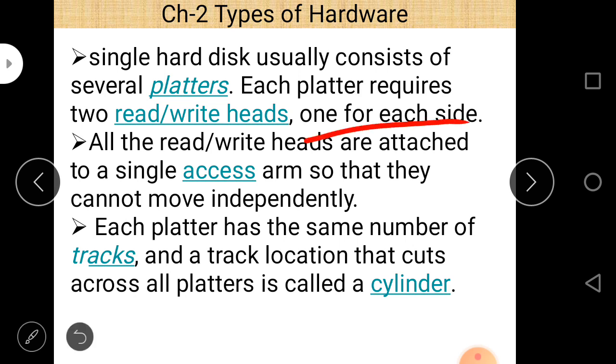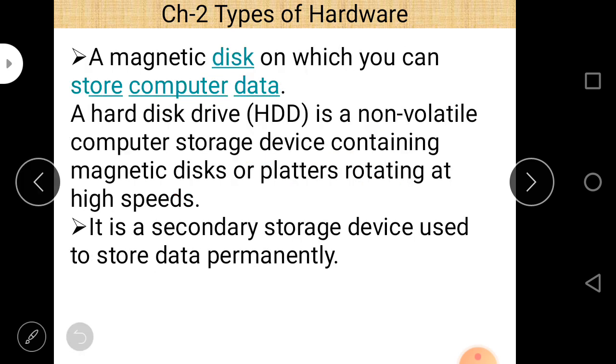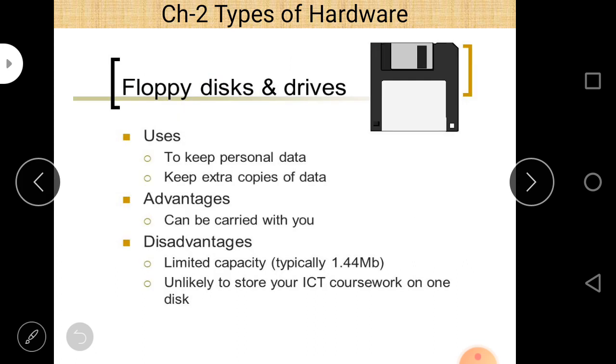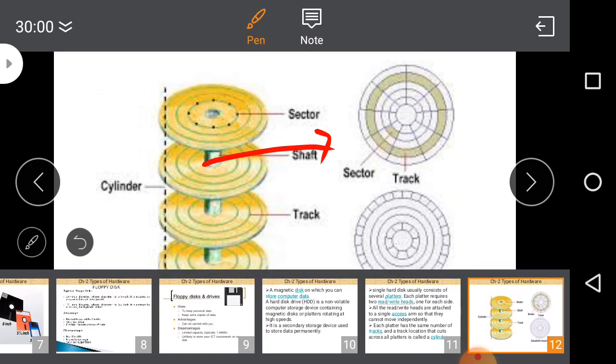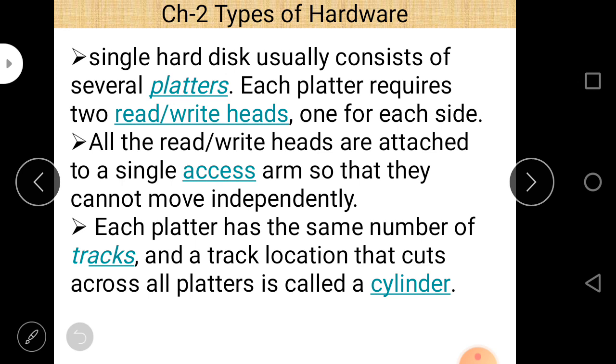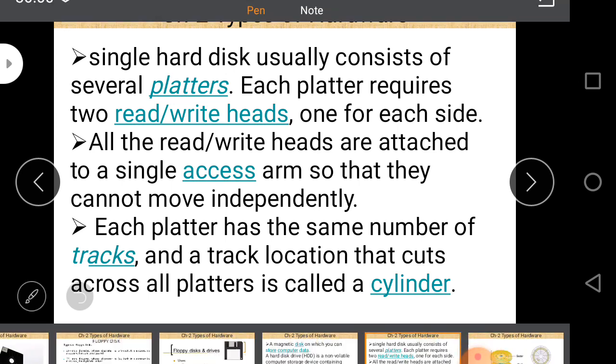All the read-write heads are attached to a single access arm so that they cannot be moved independently. And we can see that this is a single access arm. Next, each platter has the same number of tracks, and a track location that cuts across all platters is called a cylinder.